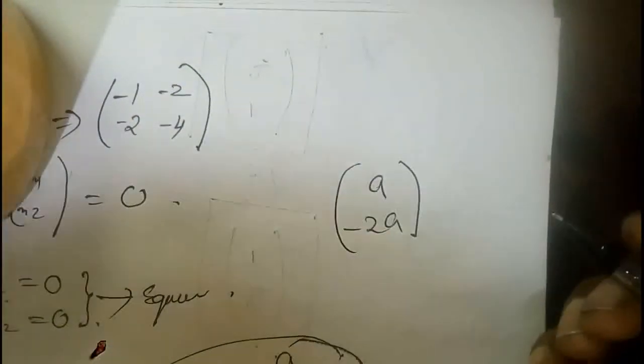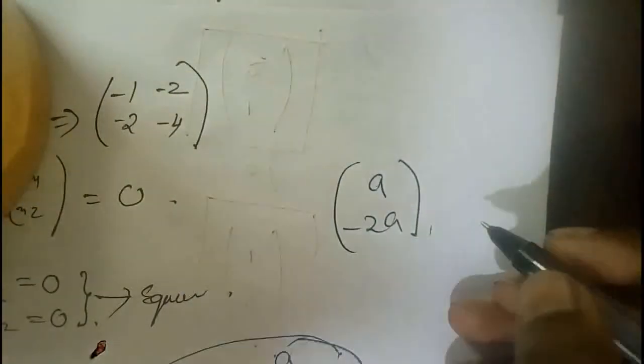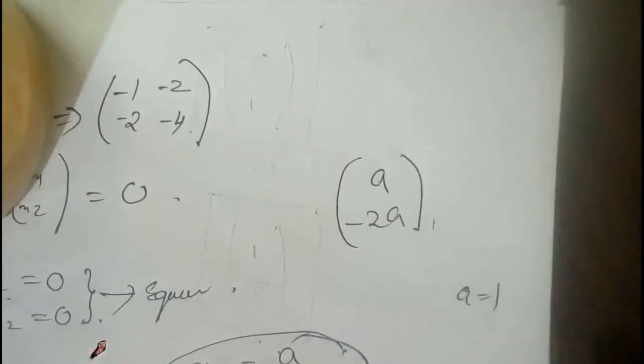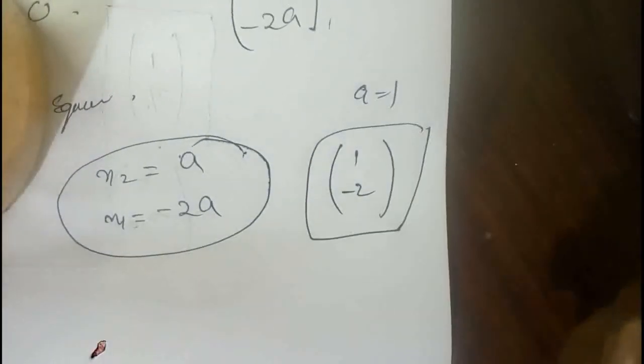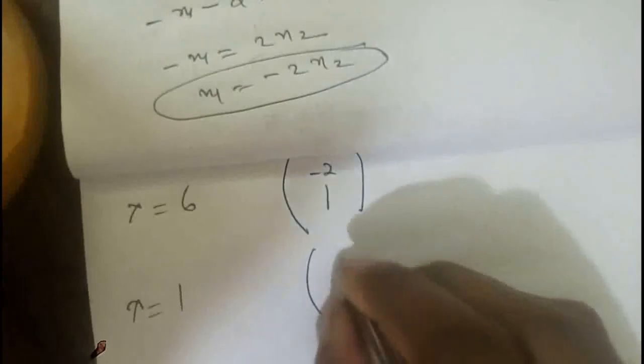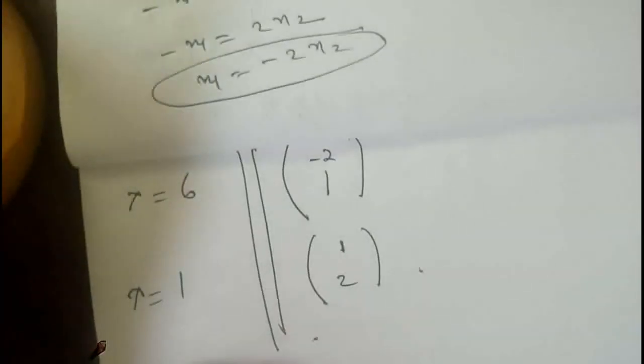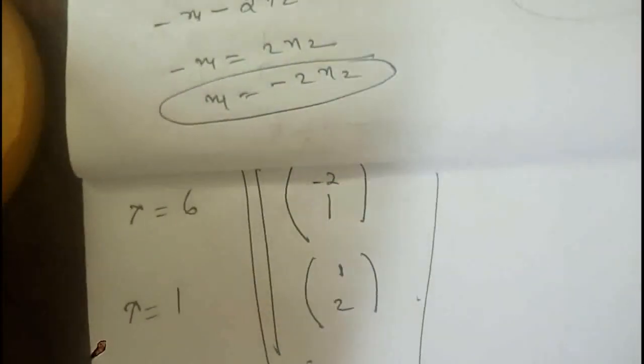If we give a equal to 1, we get minus 2 and 1. This is the eigenvector corresponding to lambda equal to 6. So for lambda equal to 6, we got minus 2 and 1 as the eigenvector. For lambda equal to 1, we got 1 and 2 as the eigenvector. So these are the corresponding eigenvalues and eigenvectors.